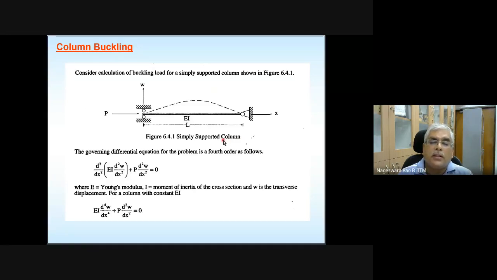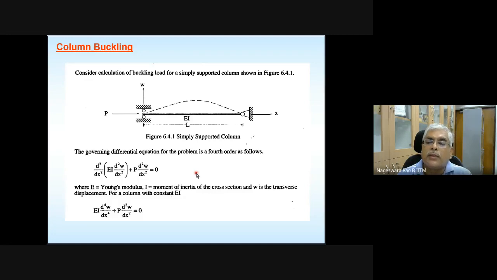Now the governing differential equation for this problem: you need to go back to your mechanics of materials or strength of materials. In any standard textbook, you can find the governing differential equation for this problem. You can see this is the governing differential equation. I suggest all of you take a note of this.